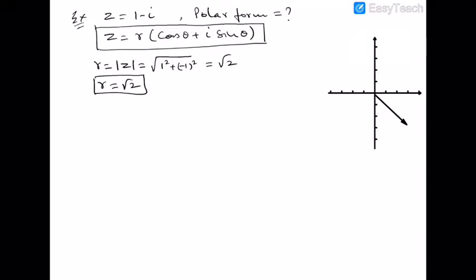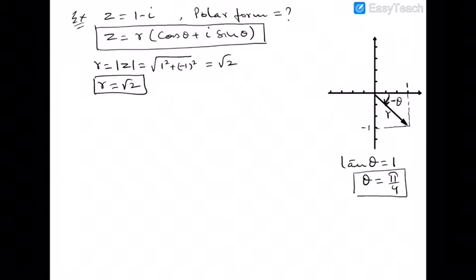Here a is positive and b is negative, so it will fall in the fourth quadrant and makes an angle of minus theta because of the clockwise direction. So tan theta will be 1, so theta will be pi by 4, but theta is negative, so it will be minus pi by 4.